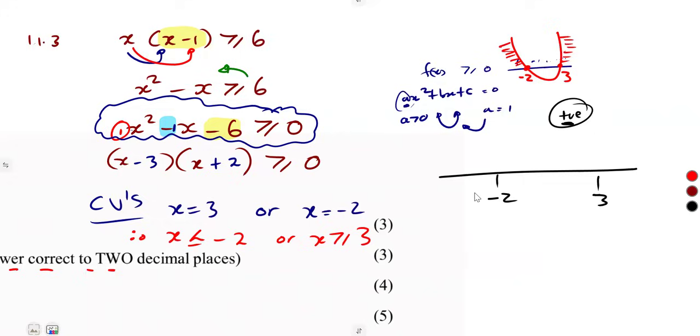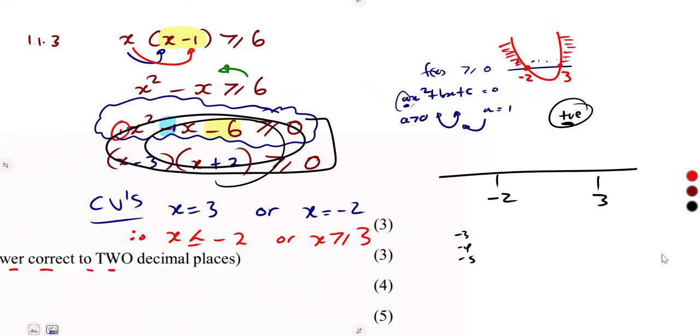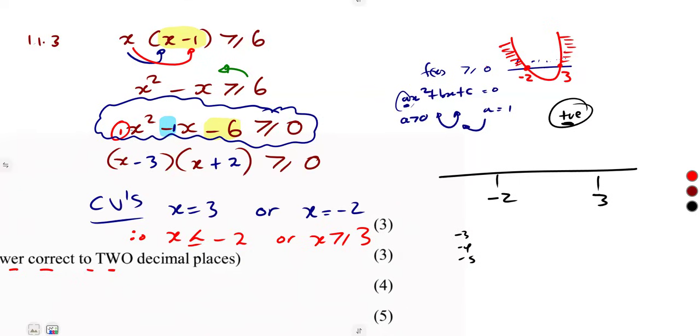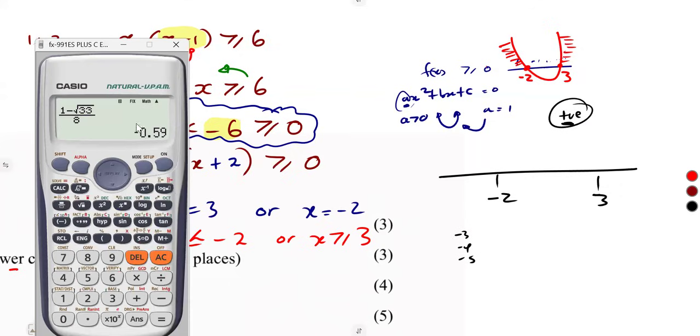You can try values less than -2, such as -3, -4, -5. Substitute in these brackets. Let me use the brackets.